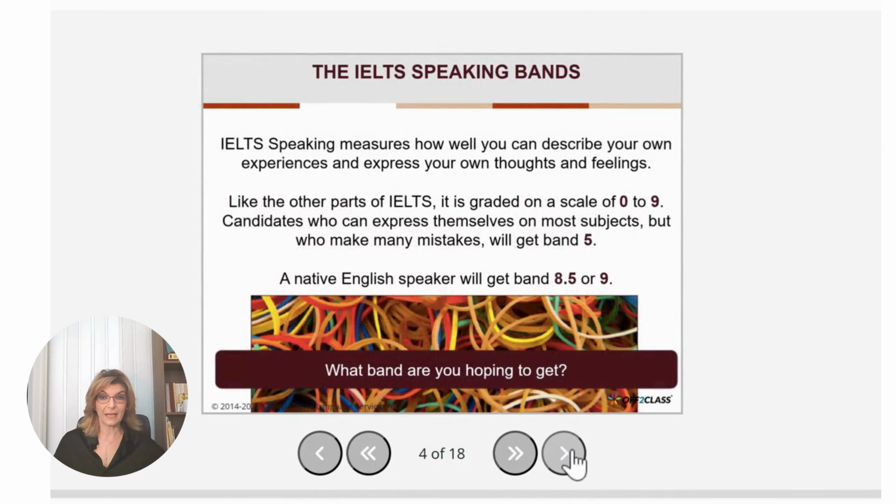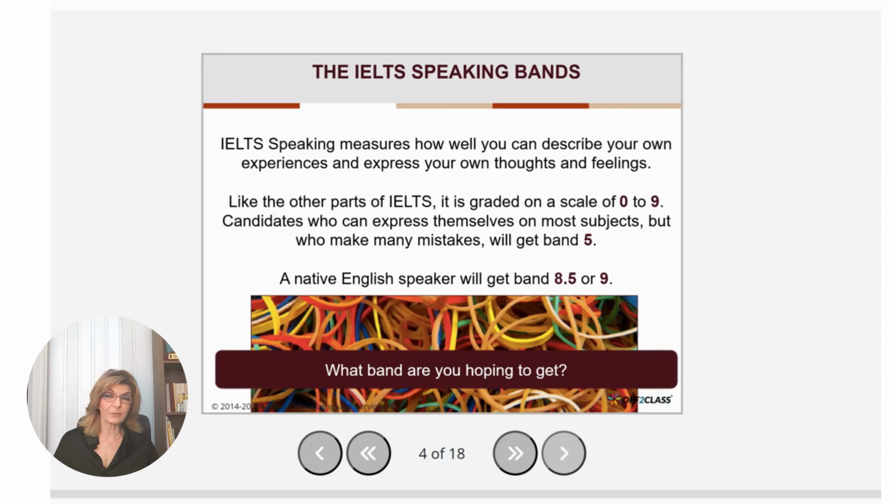So what do they measure? A very fluent native speaker, for example, would get about an 8.5 to a 9 for the IELTS speaking. A candidate that would be making lots of mistakes would get around a band 5. It depends on why you need the IELTS exam in the first place.